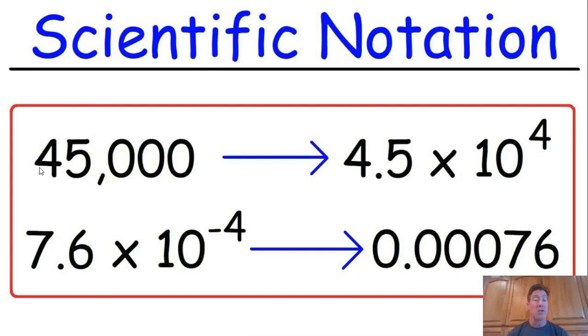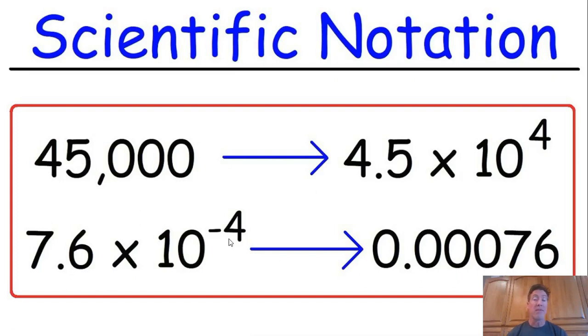And it turns out I can do it as 4.5. And to do that, I'm going to have to come over 1, 2, 3, 4 decimal places, or 4 tens. So I'm going to express this number as 4.5 times 10 to the 4th.